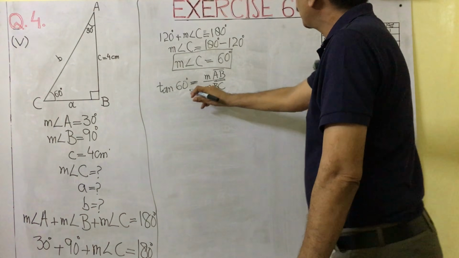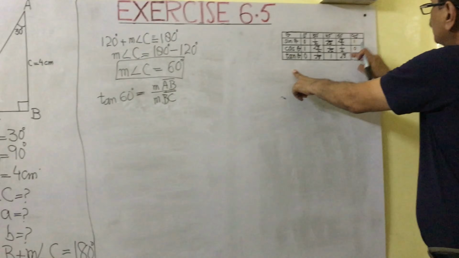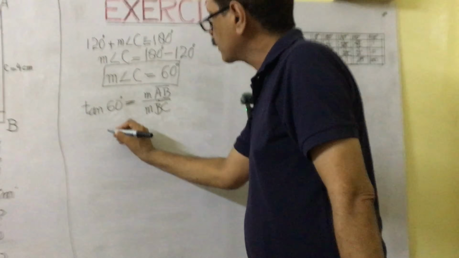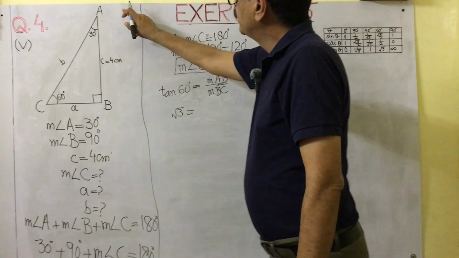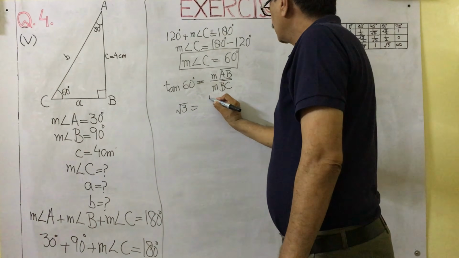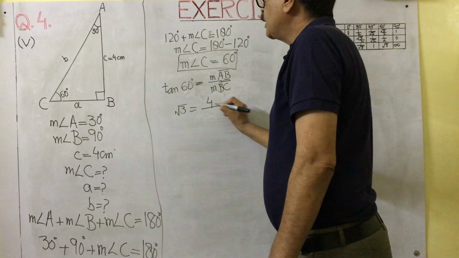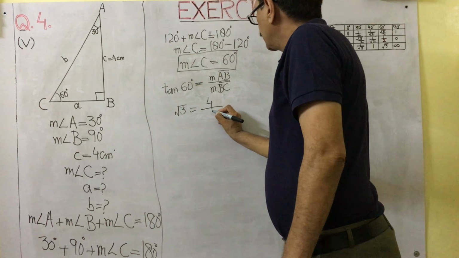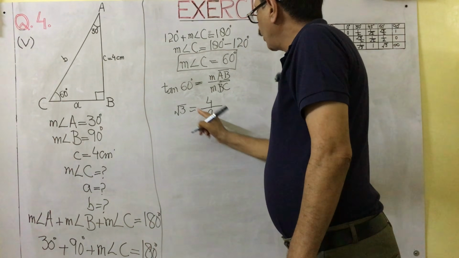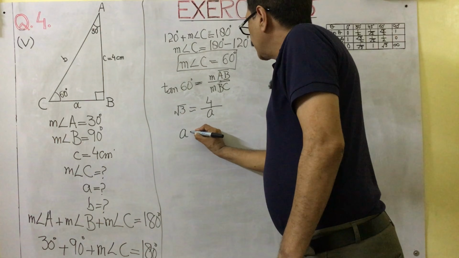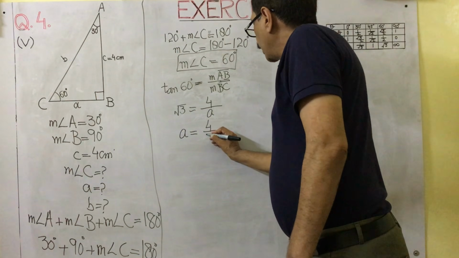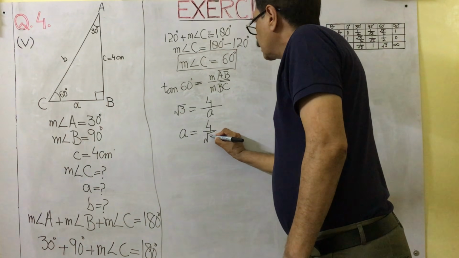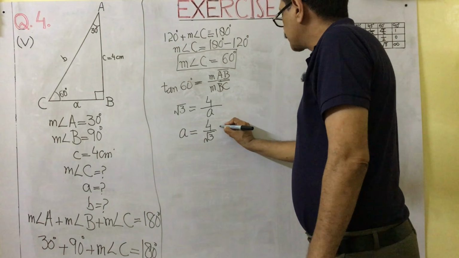Putting the values, tangent of 60 degrees is square root of 3. AB is equal to 4 and BC is A. Therefore, A is equal to 4 over square root of 3 centimeters.